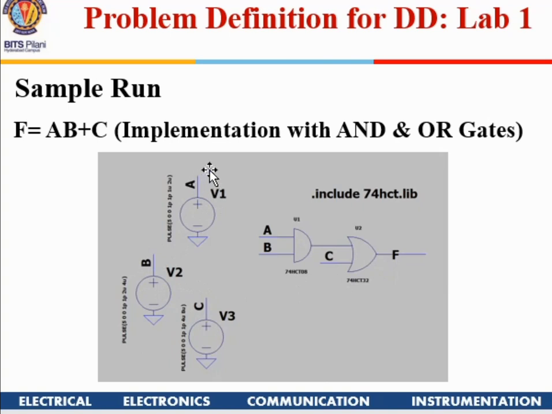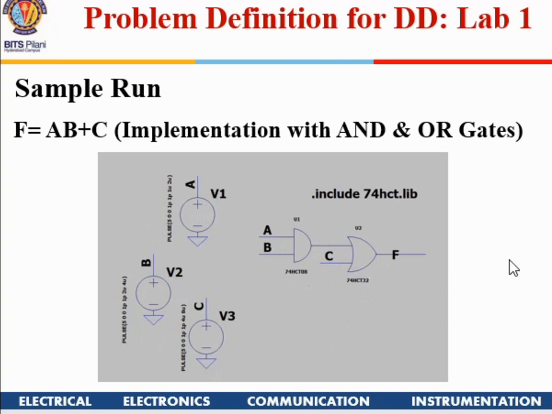You don't have to really pull a wire from the source and keep connecting A to A, B to B, C to C. You can name this wire A, and you can name this other wire also A. Automatically, when the software runs, it will assume they are connected. Otherwise your circuit will become very clumsy.